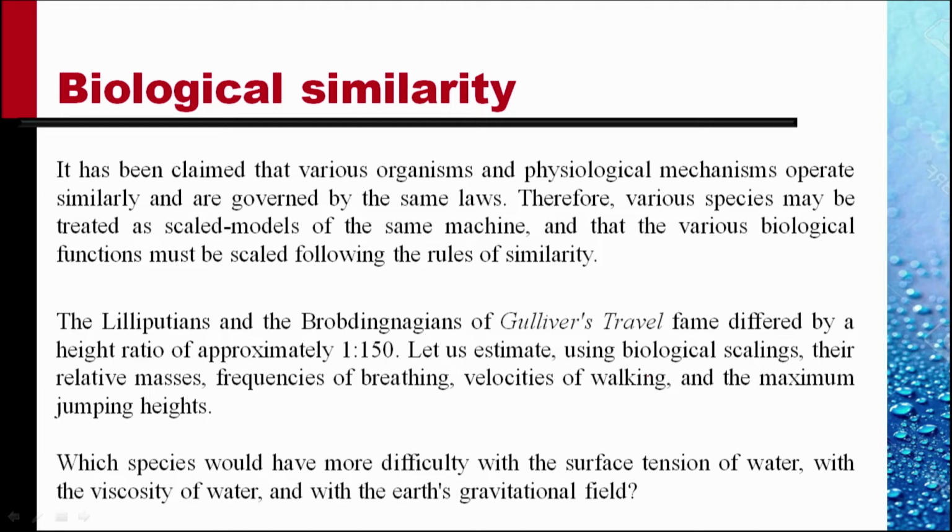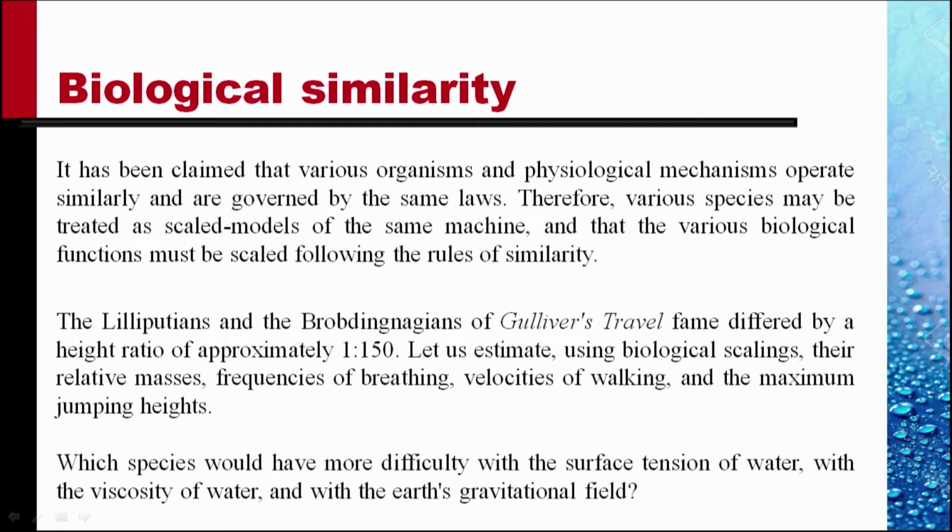Actually, the ratio was 1:144, because it was mentioned in Gulliver's Travels that an inch of Gulliver was a foot for the Lilliputians, and a foot of Gulliver was an inch for Brobdingnagians. Let us estimate using biological scalings their relative masses, frequencies of breathing, velocities of walking, and the maximum jumping heights.